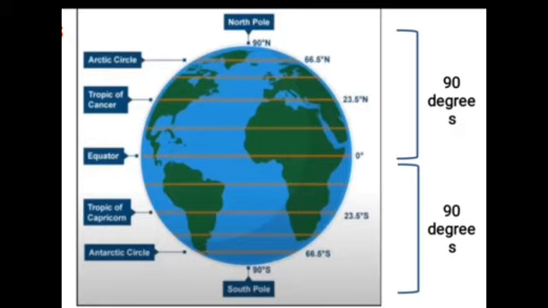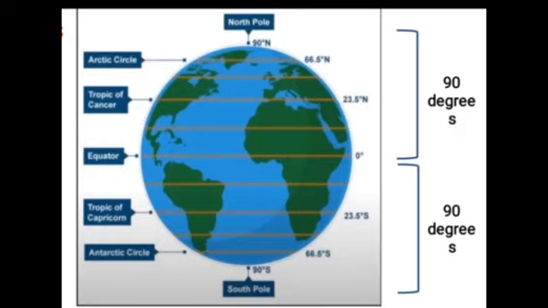That's why it is called 66.5 degree south latitude. The North Pole and South Pole are both 90 degree latitudes; we should mention the North Pole as N and the South Pole as S.